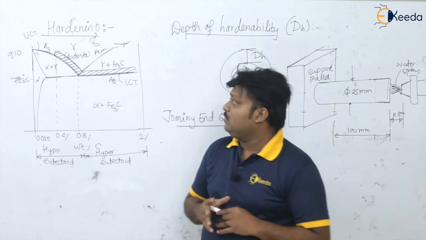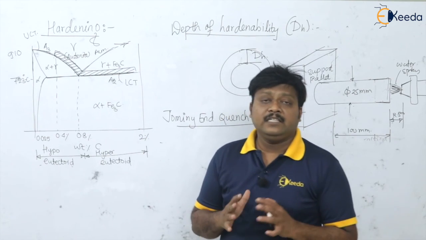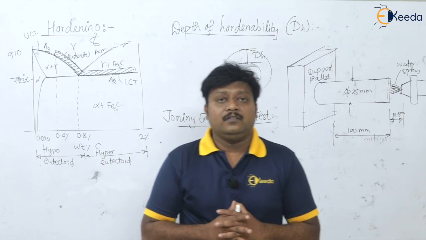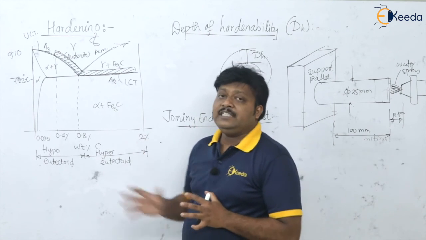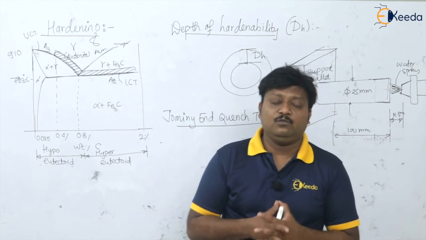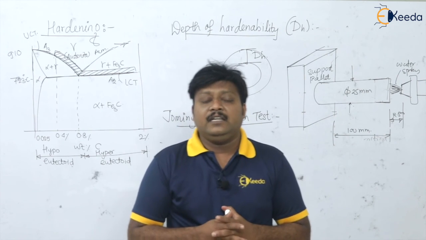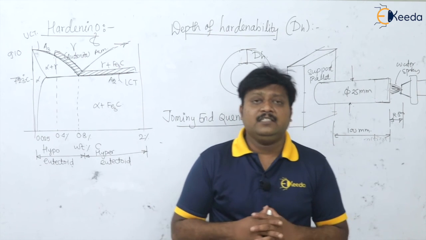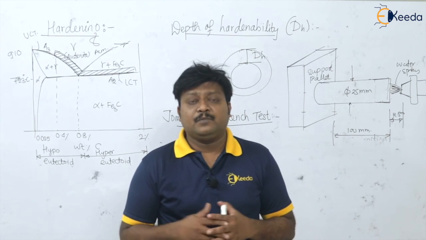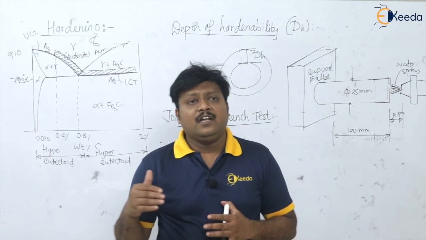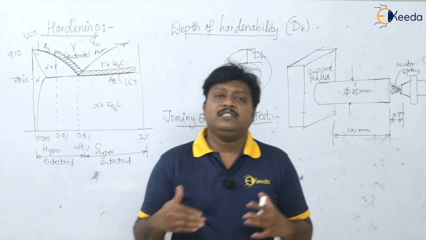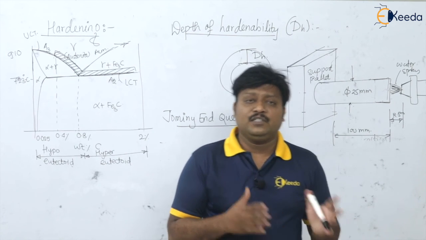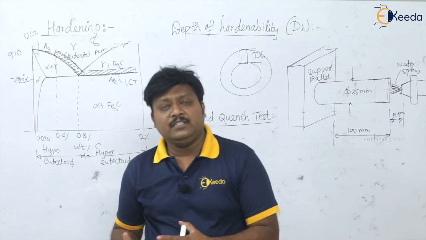So dear students, this is very important information about the first process that we are looking at, the hardening, which is applicable for all the materials, where we are heating the material 50 degrees centigrade above the lower critical temperature, as well as above the upper critical temperature for hypoeutectoid and hypereutectoid steels.